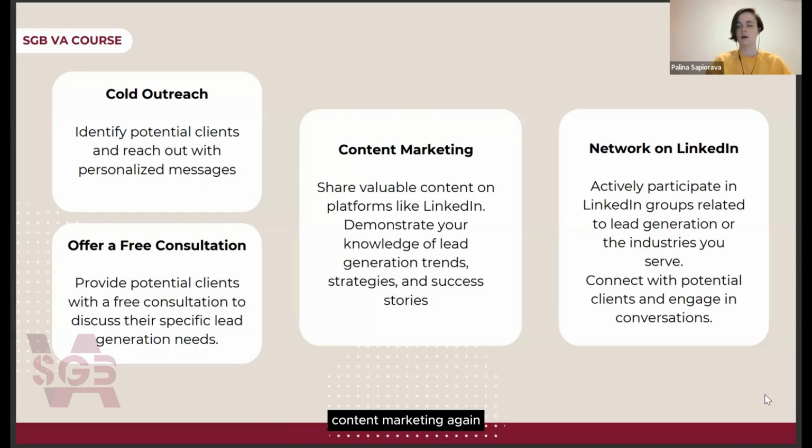Content marketing. Again, the LinkedIn page isn't limited to your profile, and you can interact with valuable content on the platform. By interacting, you can show your expertise, your knowledge, etc. For example, you can leave comments, or you can repost some interesting article or piece of information.